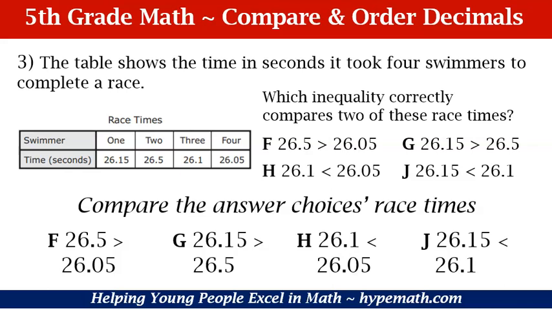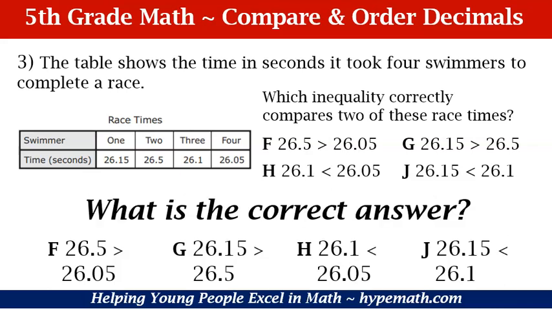Is that correct? Or is G correct? 26.15 is greater than 26.5. H is 26.1 is greater than 26.05, and J is 26.15 is less than 26.1. So in looking at these inequality signs and these answers, which one would you say is correct? I know you can do it.